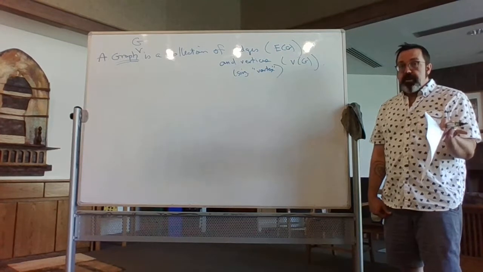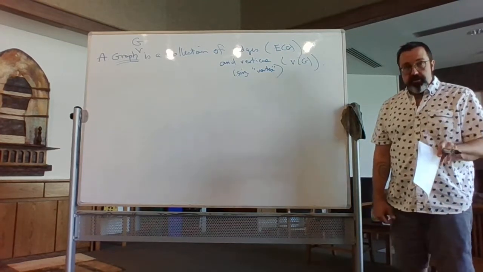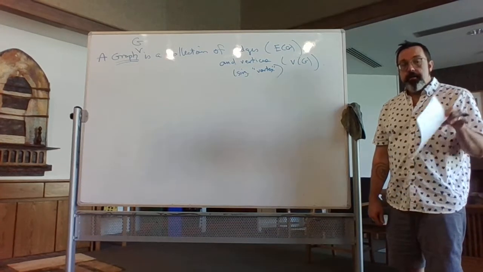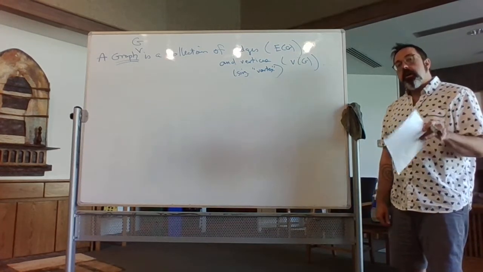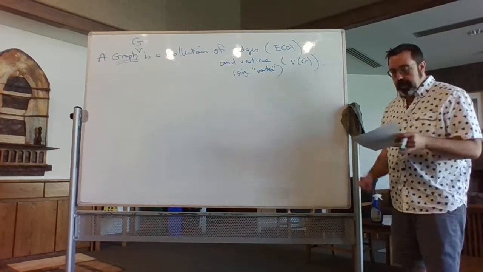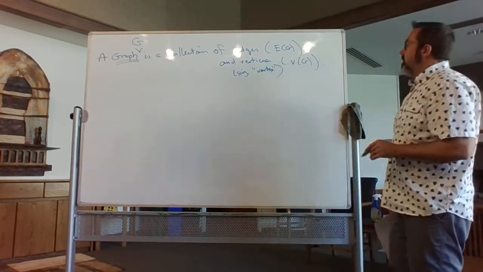Anyway, graph theory lends itself very well to pictures. So there are a lot of words in the book, lots of terminology dealing with graphs, but I'm going to draw a lot of pictures to help you understand what it looks like. So you've got edges and vertices.